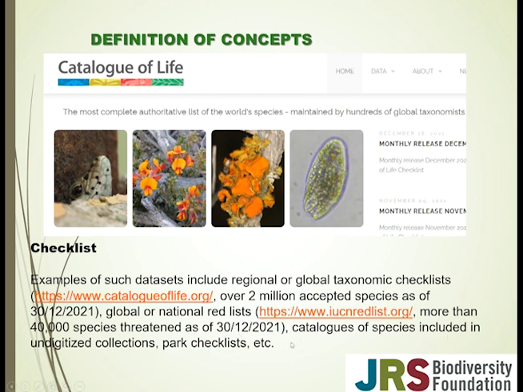Catalog species included in the digitized collection. I talked to you about the digitized collection: 2.5 to 3 billion specimen data in natural history collections and in museums.